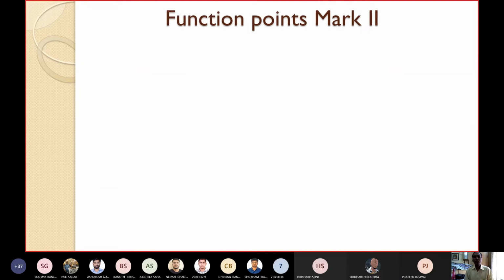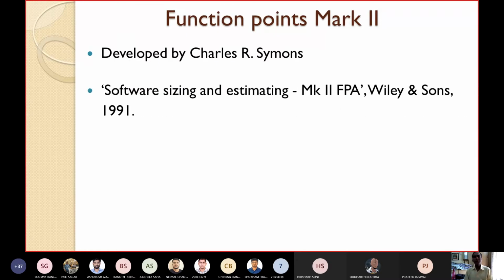Then we'll go to the next kind of function point, that is function points Mark II. It was developed by Charles R. Symons, so that's why it is called Symons or Mark II function points. He published an article, Software Sizing and Estimating, Mark II FPA, with Wiley & Sons in 1991.